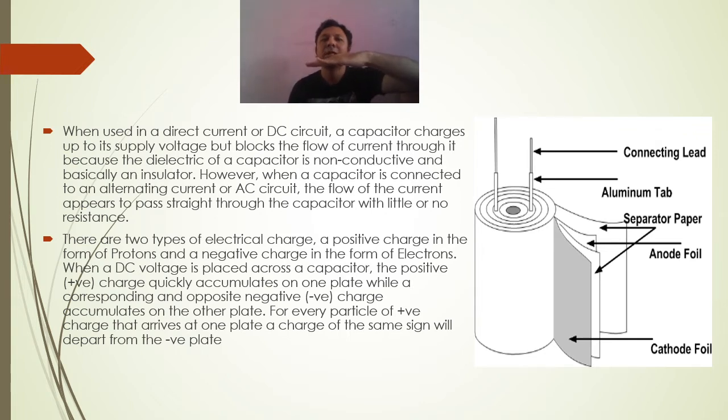First the cathode foil, then a separator, meaning a piece of insulating paper, then put another foil and another separator. Two terminals are extracted, one from the cathode foil and one from the anode foil, and between these two a separator is surrounded around the foil. So this is the simple method to make a capacitor.